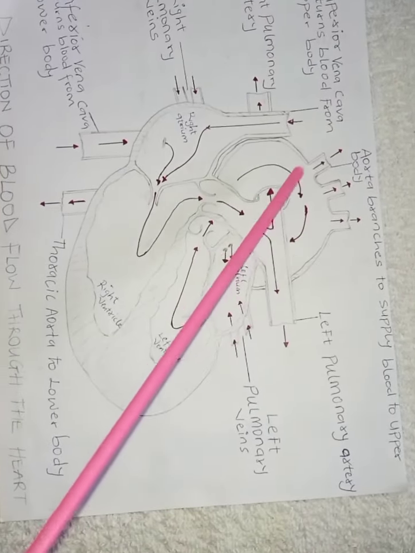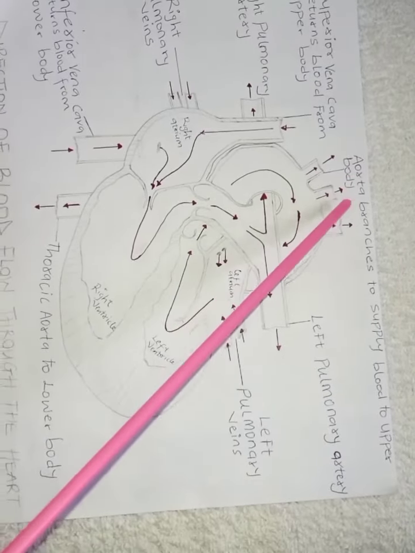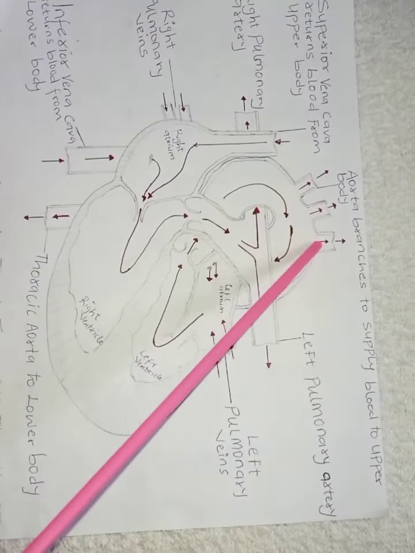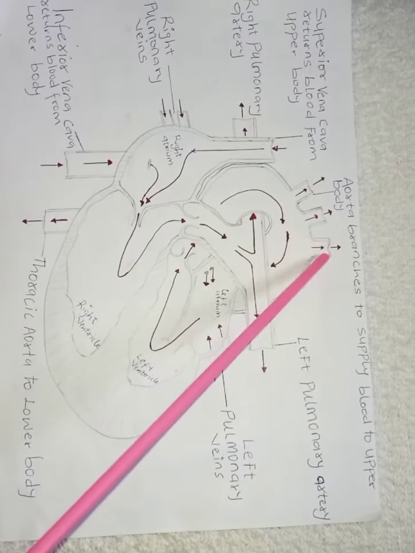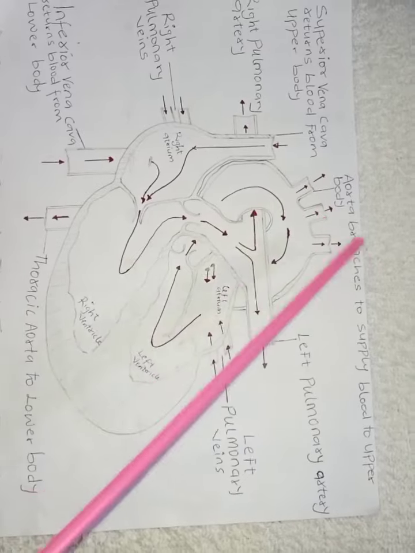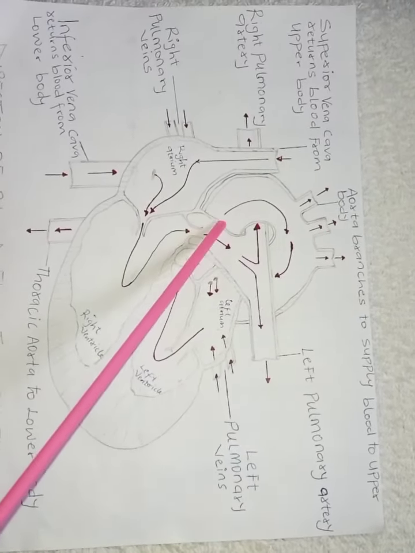Then the blood enters the aorta. These three aorta branches supply blood to the upper part of the body. Mind you, the blood is now oxygenated.